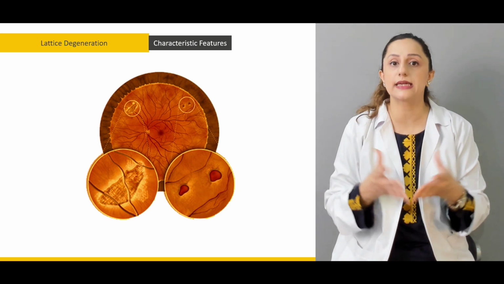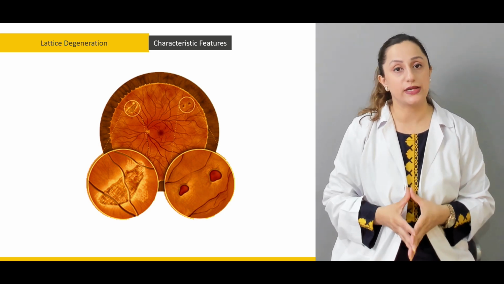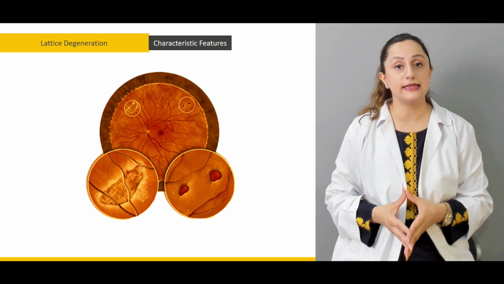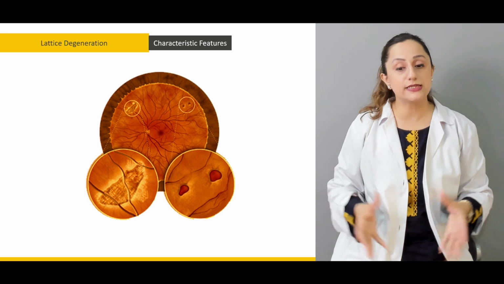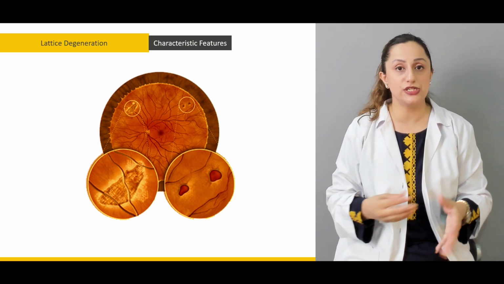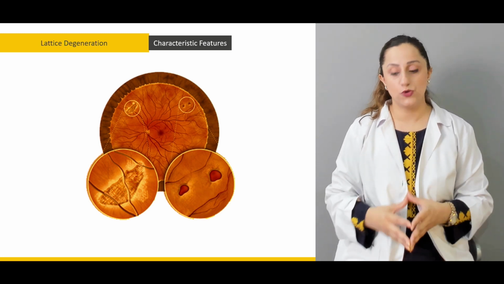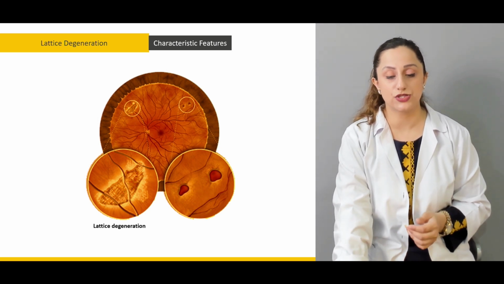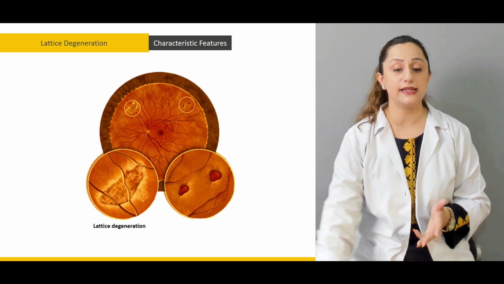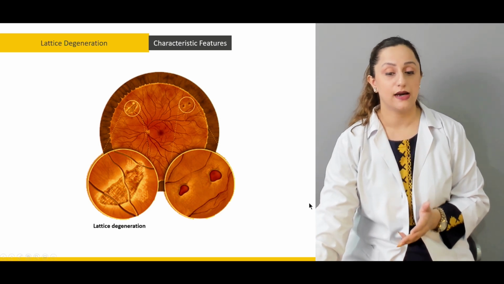The complications would range from retinal detachments, and obviously all of the treatment modalities that are out there to treat such detachments and such degenerations. You can see that these are the lattice kinds of degenerations that are observed.